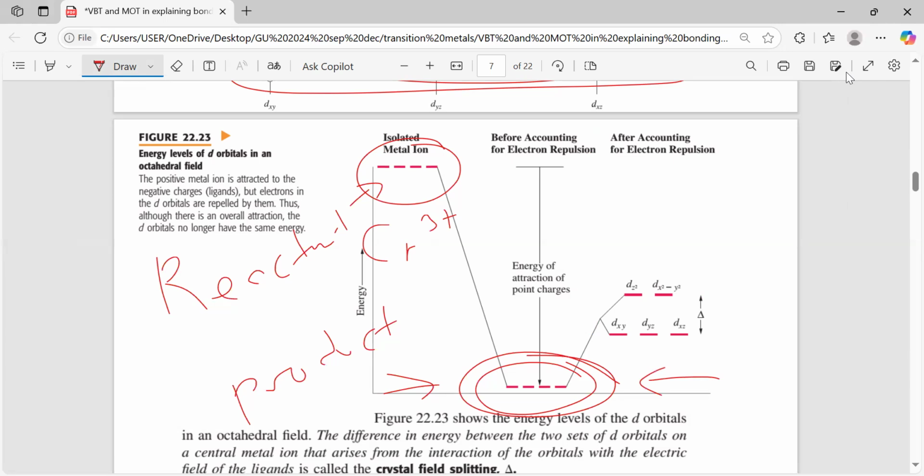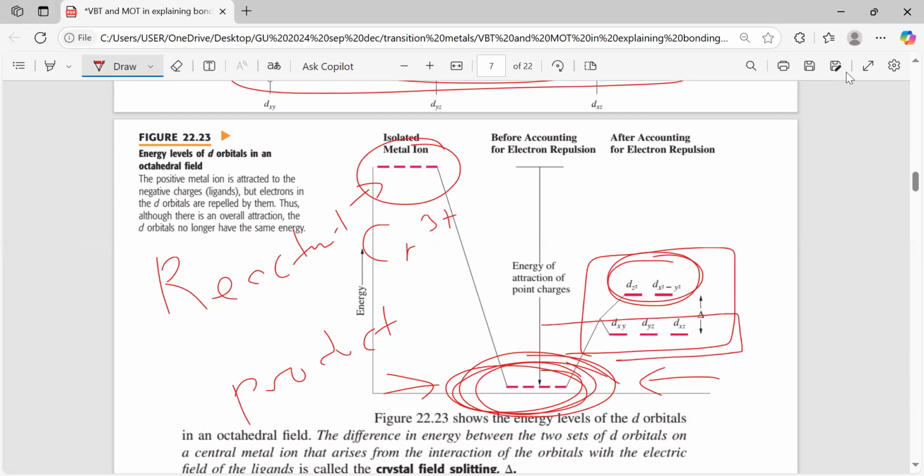However, they don't remain all of them at the same energy level, they split. The two that are oriented directly on the axis, those two. And the other three that are not oriented directly to the XYZ axis are there.